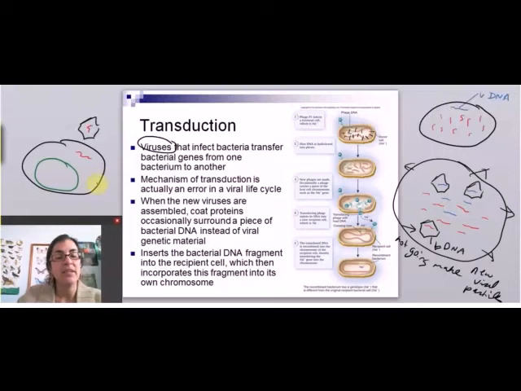Instead, what can happen is, just like with transformation, if there's some matching between these two things, then this will get put inside of the bacterial DNA and a piece will come out. And so now you have a new gene in the bacterial chromosome and no viral infection.